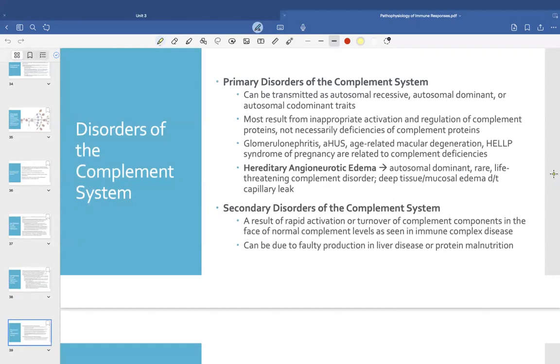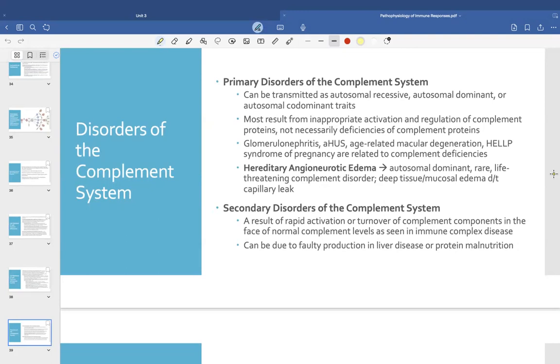This is where sometimes you end up with glomerulonephritis, autoimmune hemolytic uremic syndrome, age-related macular degeneration, HELLP syndrome, and pregnancy, which you'll learn about a little bit later in the spring. Those are all complement deficiencies.